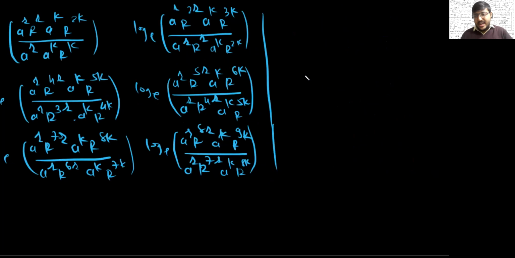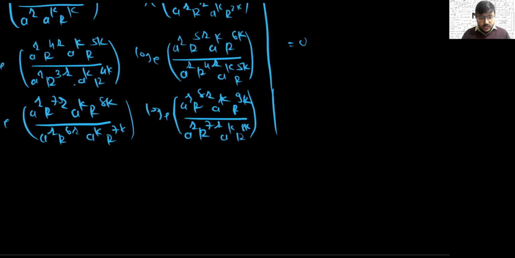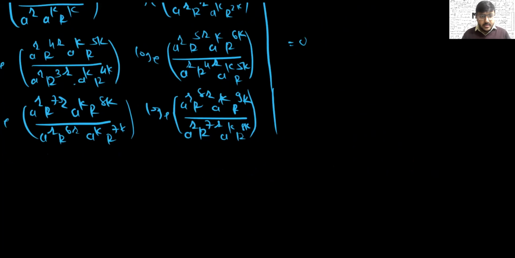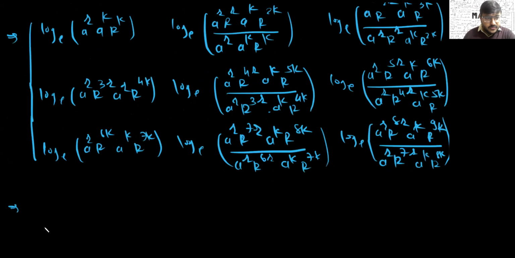Now when you check all of them, I want to keep the first row, first column as it is. In the first column it is log e, a^(r+k) R^k.